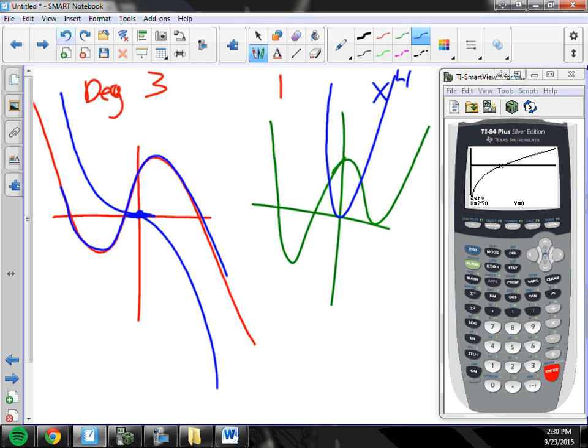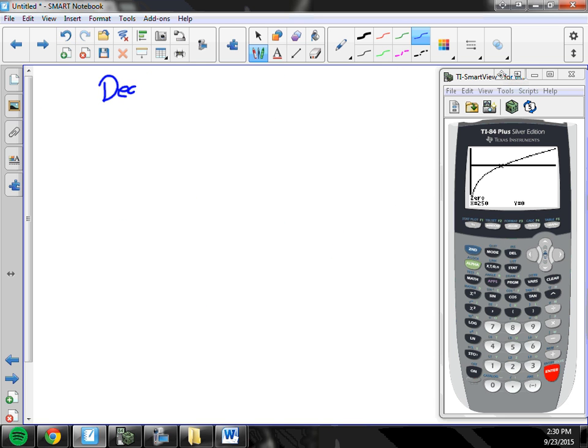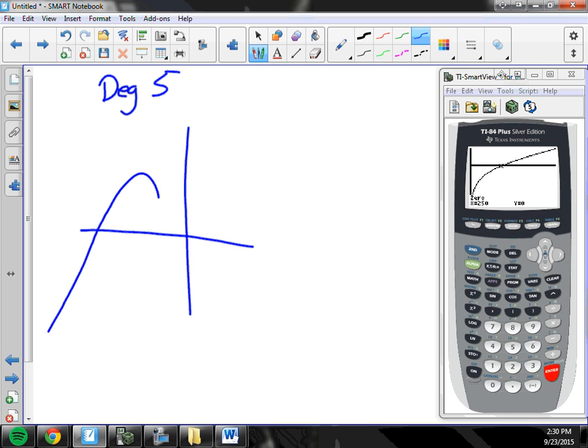Okay? What about at degree 5? Help me graph a degree 5. Nice try. That is a degree 5. It could also be a degree 7 or a degree 9 or a degree 11, right? Just because it has 5 roots, does that mean it's an x to the 5th?